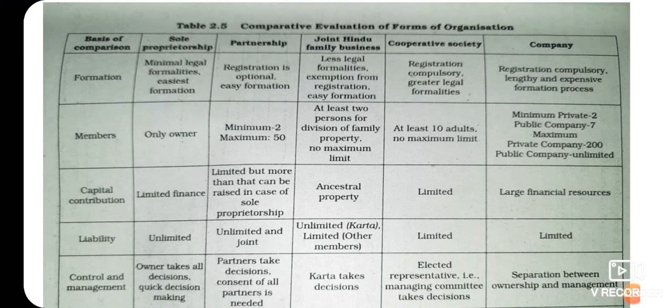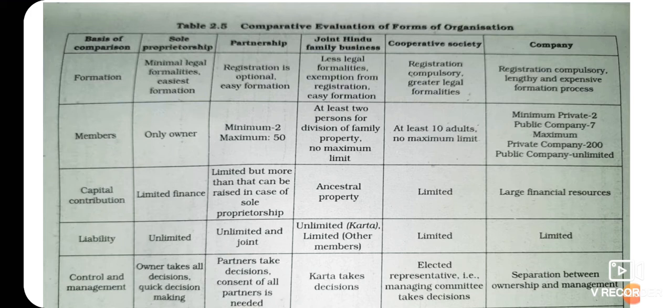Next, members. Only the owner is the member in sole proprietorship. Partnership: minimum of 2 partners, maximum 50. Joint Hindu family business: at least 2 persons for division of family property, no maximum limit.